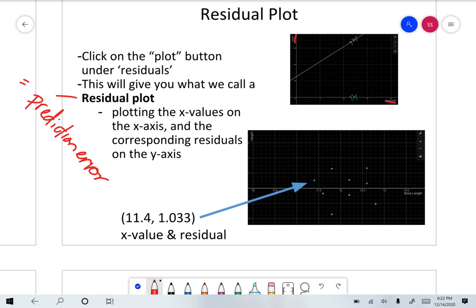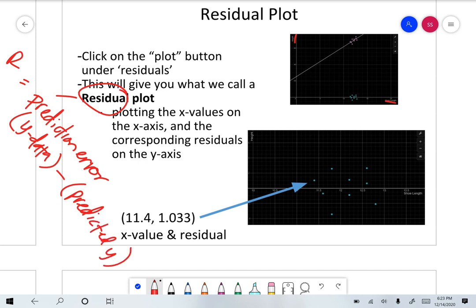How you calculate the residual, just as a reminder, you would take your actual y value, so your y data, and you would subtract your predicted y value.